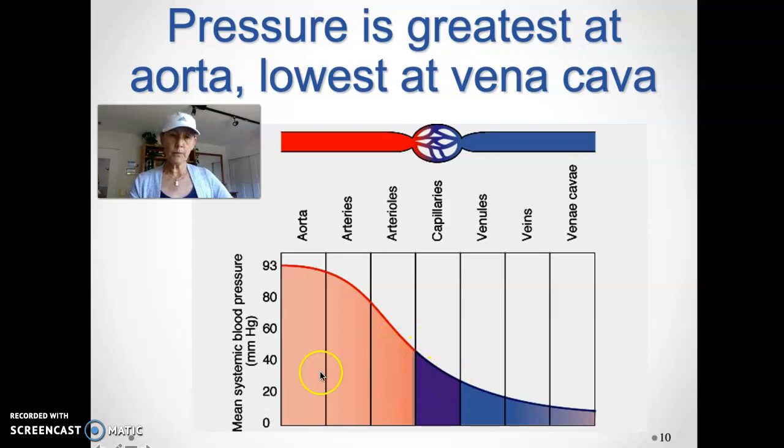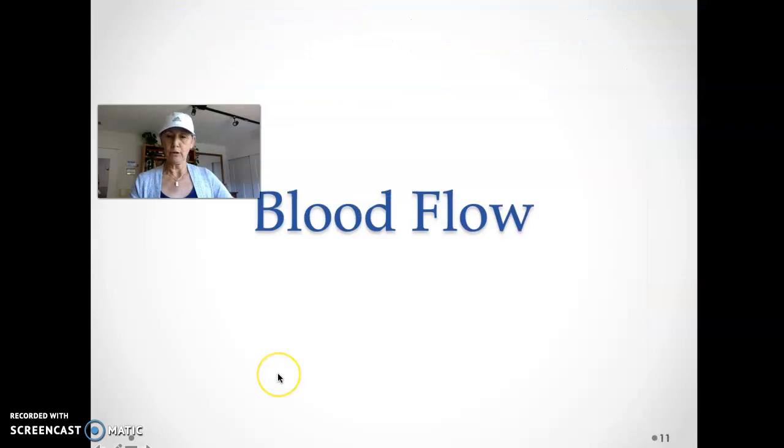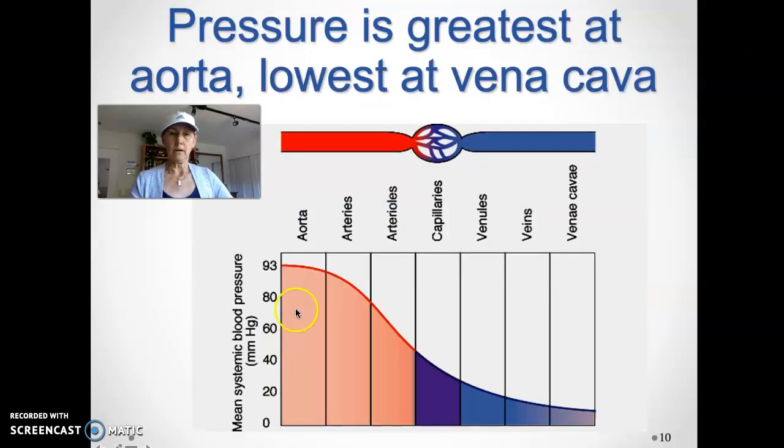Oh my gosh, look where we are already, at 30. We started out at 90. And now we keep going into little veins. Now where are we? Like at 15? And then by the time it gets to the vena cava, by the time it's coming into my right atrium, it's so low. It's like 2 to 5 millimeters of mercury. So low. It's a miracle it makes it there, but it does. So pressure is greatest at the aorta, lowest at the vena cava.